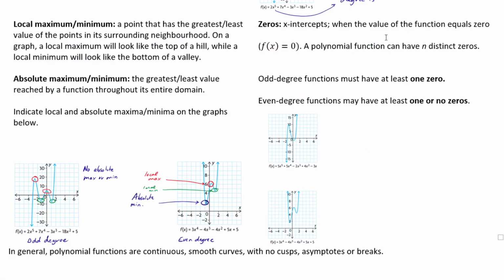Now looking at zeros. Zeros are basically x-intercepts, and they are when the value of the function equals 0, right? So when f of x is equal to 0 is your x-intercept, or your zero. And a polynomial function can have n distinct zeros, where n is the degree of your polynomial.